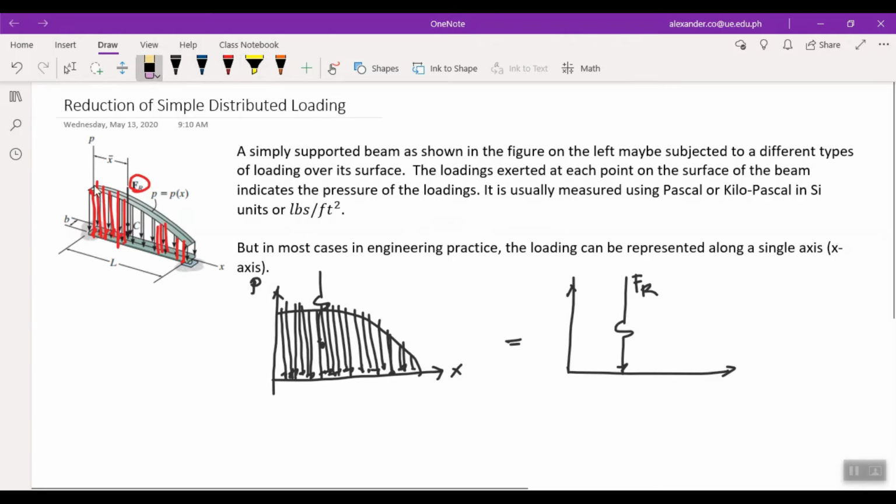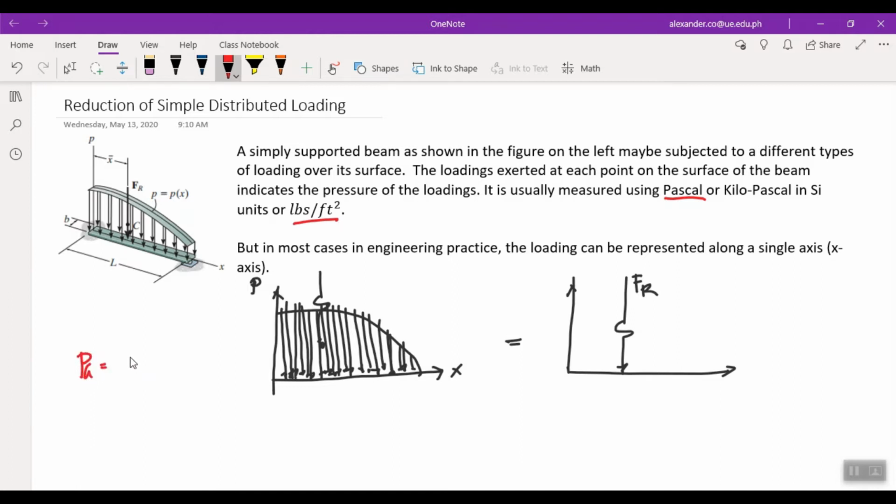Again, that is pressure. The unit of pressure is Pascal or kilopascal in SI, or pounds per square foot in English. We will concentrate on either Pascal or kilopascal. It is pressure because a Pascal is Newton per meter squared, divided by area.